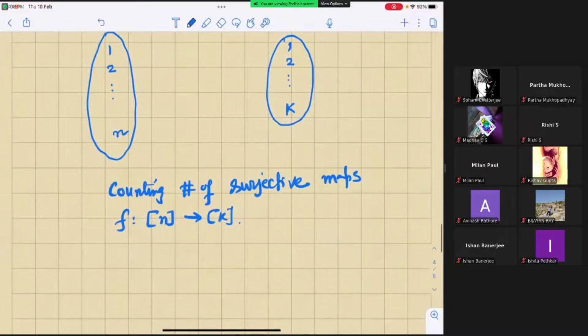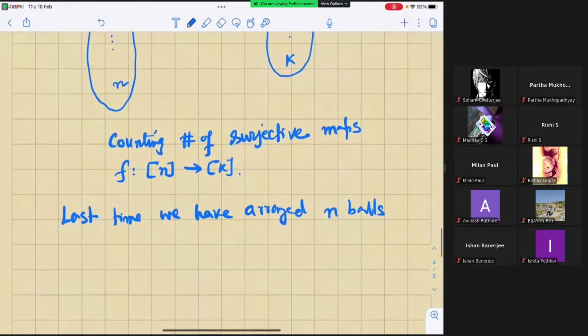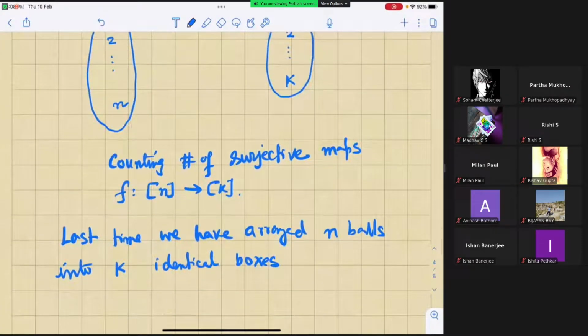So that means last time we have arranged n balls into k identical boxes. Just to remind you, from today onwards, I'll try to post notes, because earlier I was using a software where the file size was too big.